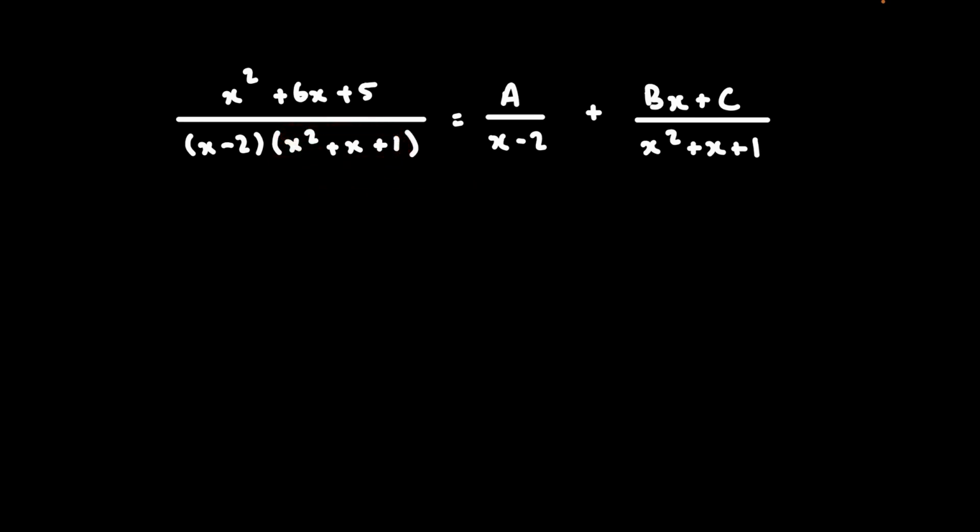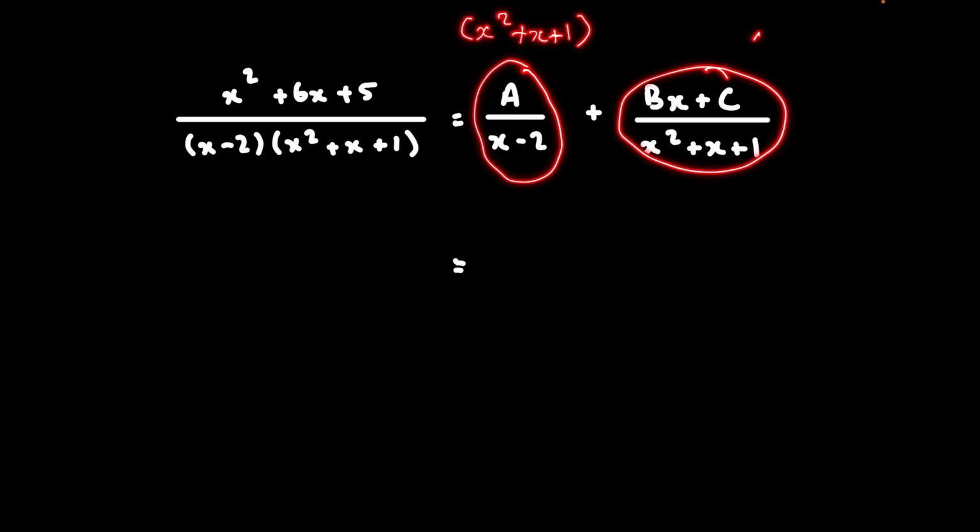So now that we know what our partial fraction would look like, we can just do the same steps as before. On the right hand side, I'm just going to merge both these fractions together. I'm going to times the top and bottom of this fraction by the quadratic, and then times the top and bottom of the other fraction by the linear term.